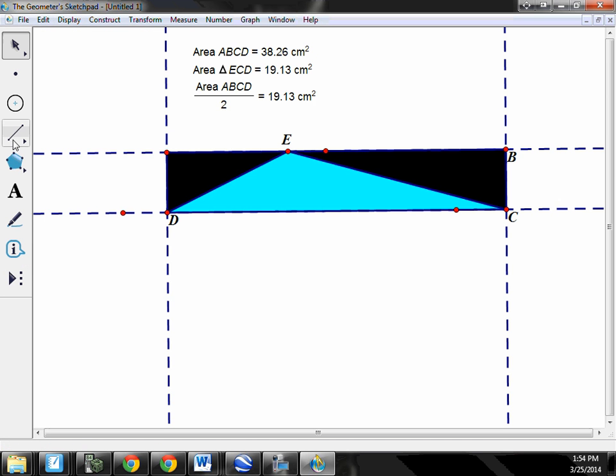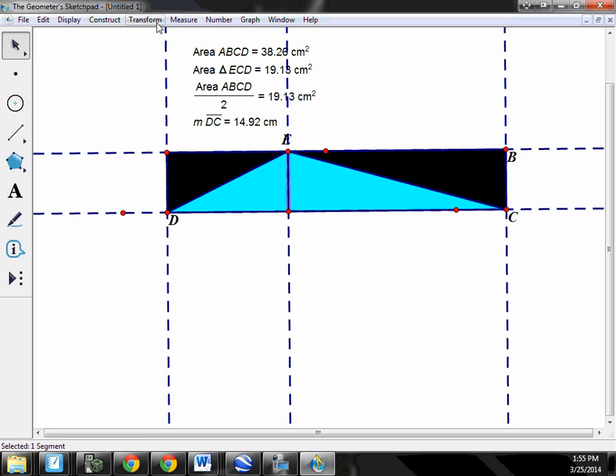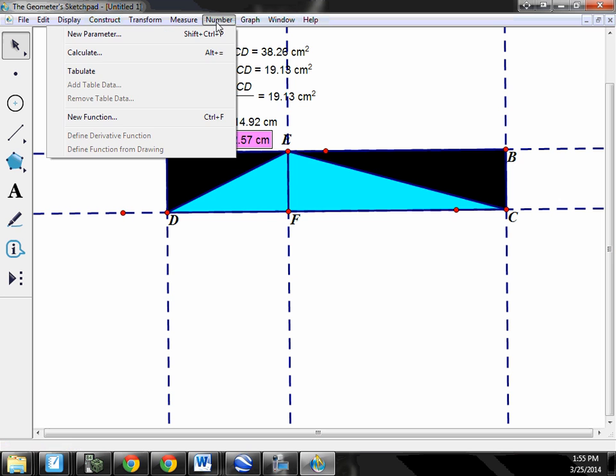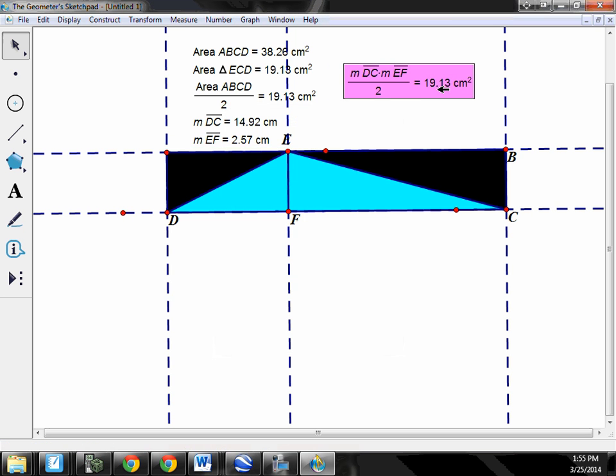All right, well, if I calculated the altitude, so from here to here, then I could take the length of the base and the length of the height, and then I could calculate base times height divided by 2. I get that same value.